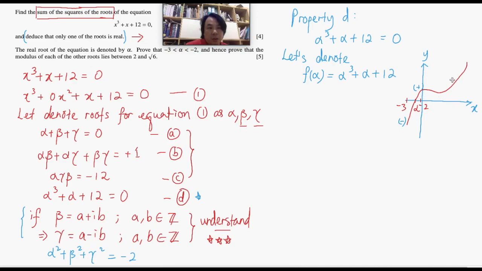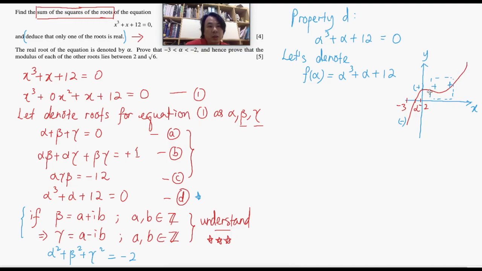Now take for instance this one section here. Can I say that the root is actually lying between -3 and 2 for this particular section? No, I cannot. First of all, because the sign for this whole section here is all positive. You can see that it's all positive because the graph is increasing all the way.